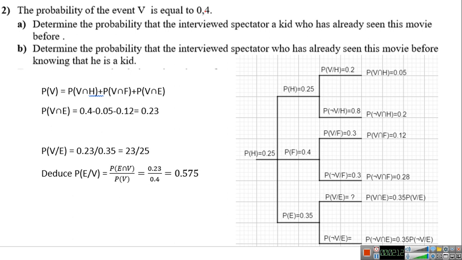Now they said that P of V is 0.4. What does it mean P of V is 0.4?